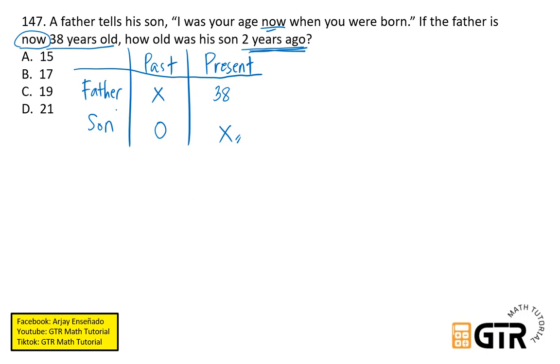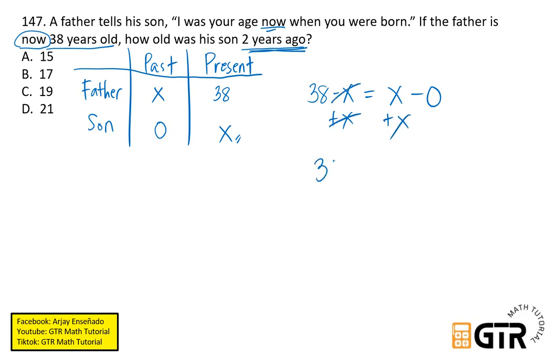Kapag meron tayong ganitong past and present, kapag sinubtract natin ang present tsaka sa past, equal dapat yon sa father tsaka sa son. So therefore, ang equation natin ay 38 minus X equals X minus 0. So present minus past, equal dapat yun parehas. Okay? So X minus 0, then just solve for X. Solve for X, so we have add X to both sides.